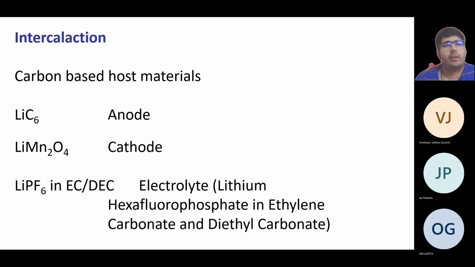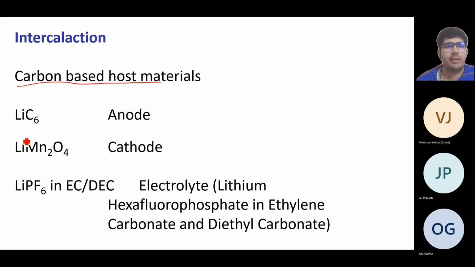Now we come to intercalation. Intercalation means that in a host lattice, like a carbon-based host lattice, we are doping another material into the vacancies of that host material. In lithium-ion batteries, we are doping lithium into carbon-based host materials.